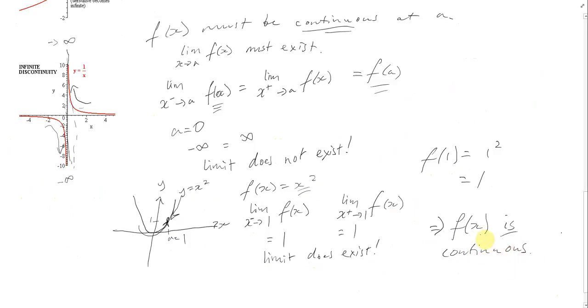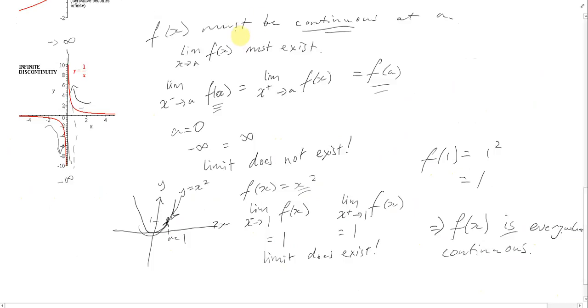In fact, it's everywhere continuous. Not only that, but it's also smooth. So it's continuous and it's smooth and it exists, so it is definitely able to be differentiated.